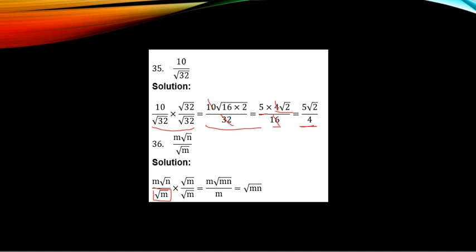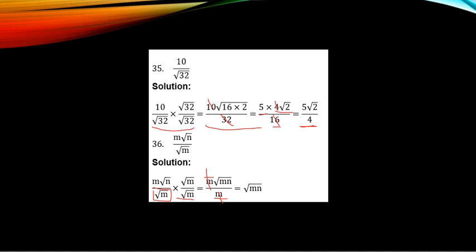To do that you multiply both numerator and denominator by root m. So you have root m over root m in this form, then multiply m root n times root m. Because different surds can be multiplied, you have m outside first. Root n times root m is root mn. Then root m times root m is m. By the time m cancels m, you have root mn remaining as the final answer.